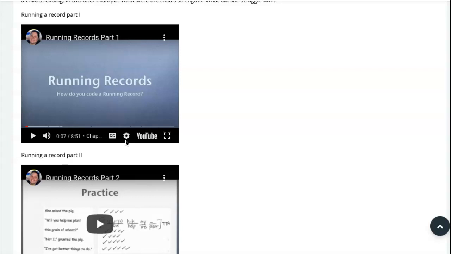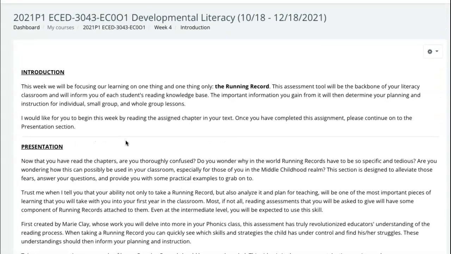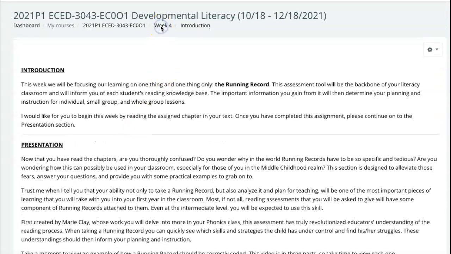Does the child know when an error is made? If a child is stuck during the running record, you may say, you try. That's it. There's no instruction whatsoever. All right, let's keep looking.